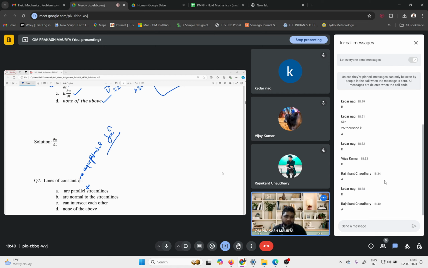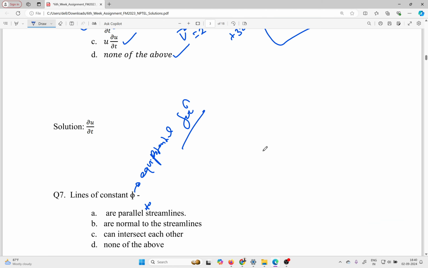Okay, let me discuss a little bit. The line of constant equipotential function and the streamline function will be normal to the streamline. Let me draw it.